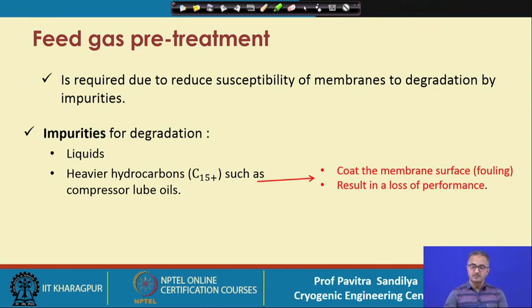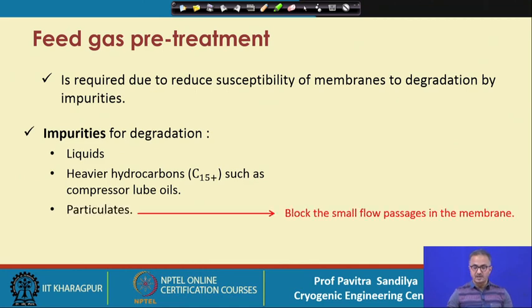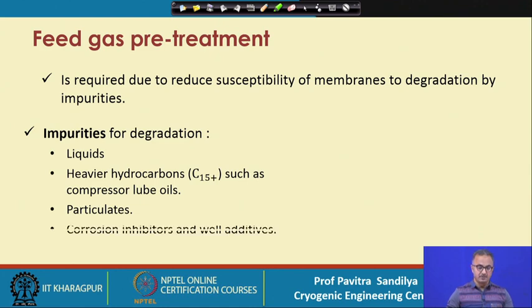The flux decreasing means the membrane performance will come down. Then if we have some particulates, what will happen? They will block the pores through which the solutes will pass, and thereby degrade the performance of the membrane. And if there are any corrosion inhibitors and well additives, then they may destroy the membrane materials.